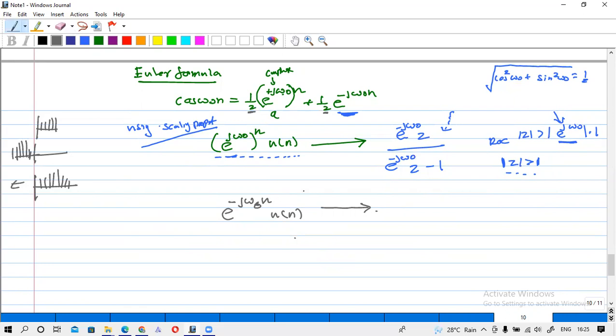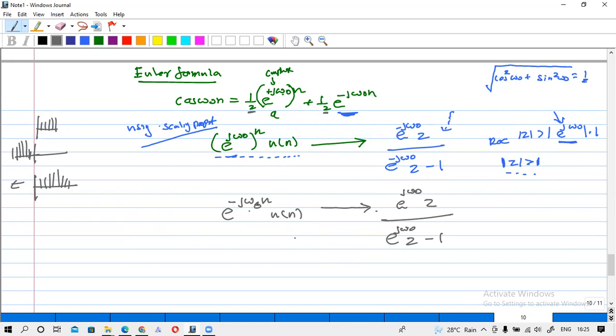So if you replace this minus with plus, e to the power j omega naught, it will be okay, no difference. You can check this by going through the simple, principal approach.